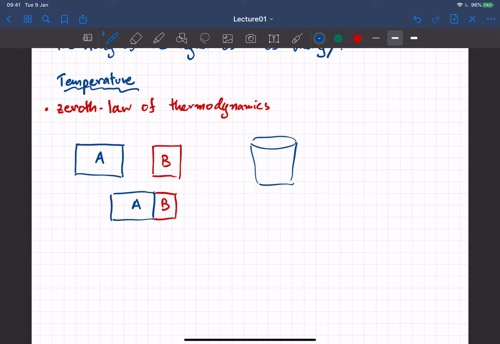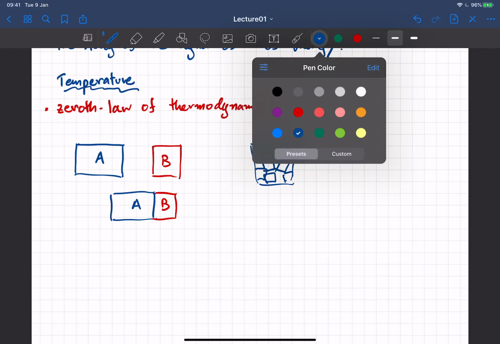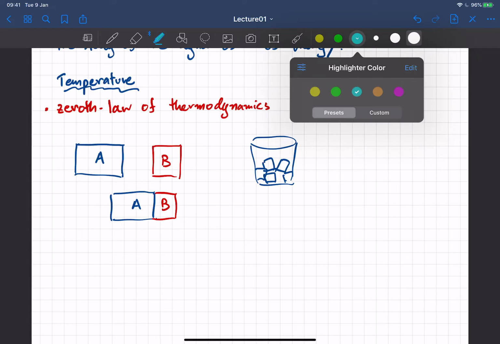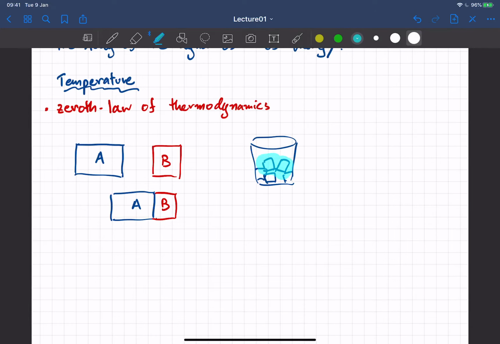So if you think about some situation like this, you have some water and then you put some ice in here, right? So ice and water will be in thermal contact in this case.